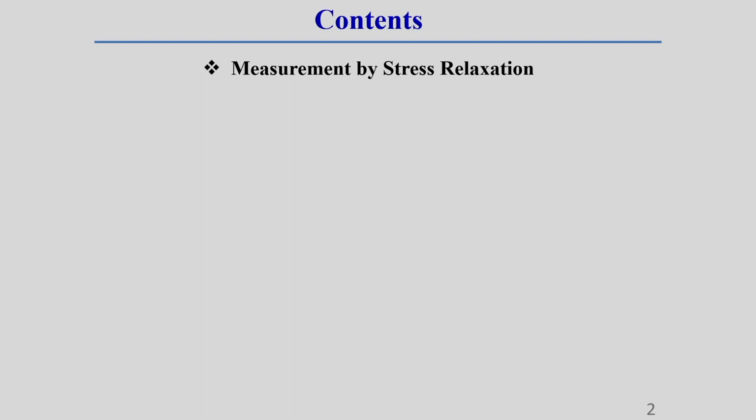So, first of all, this is the content of today's lecture, that means measurement by stress relaxation techniques. As I told you, the stress relaxation technique is either a destructive or semi-destructive type of measurement technique.